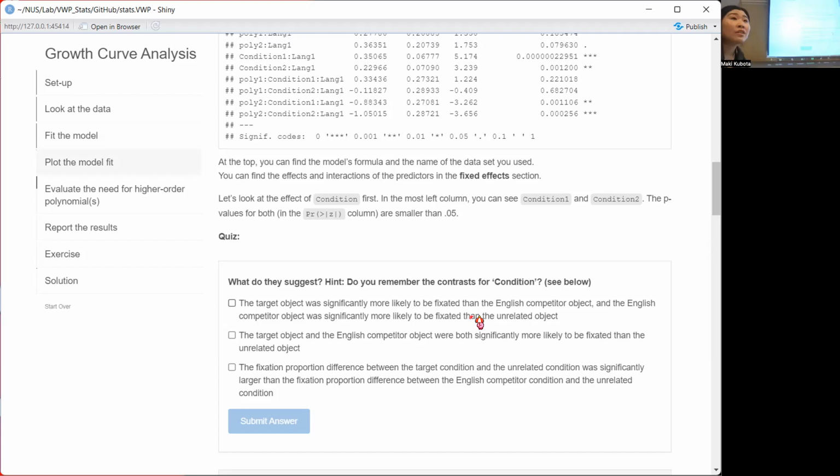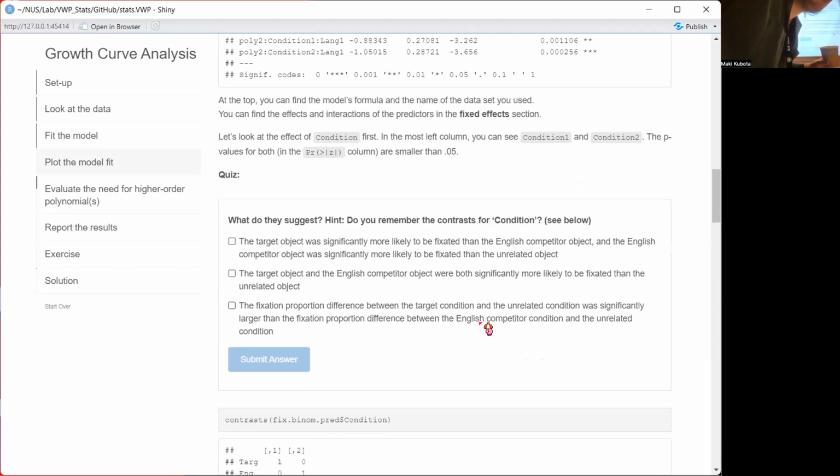English imperative was, for instance, 1, and the others were both 0. So isn't it then compared to both other conditions? Doesn't this mean that English is compared to both that and that, if the others are 0, so the unrelated is the reference?